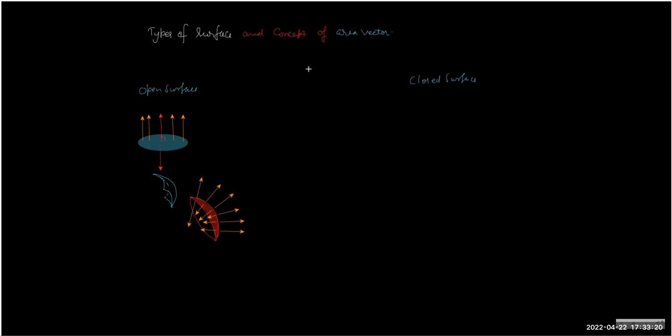And therefore, because we don't have one particular direction, the whole idea is that in case of a curved open surface, we cannot define the area vector. We can define the area vector of a part of it, which is the patch.